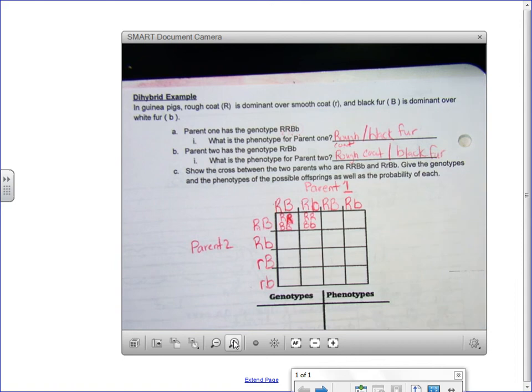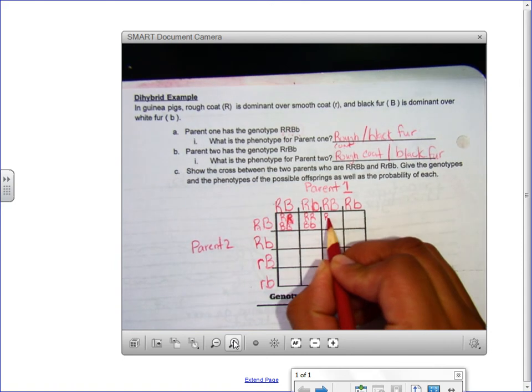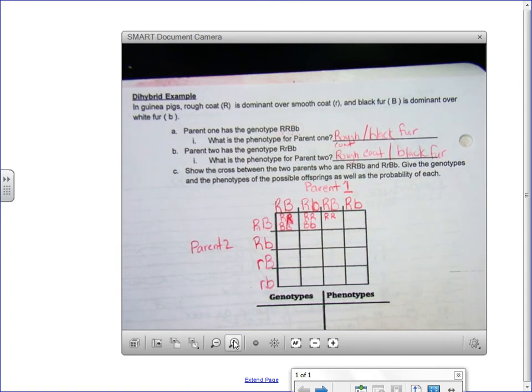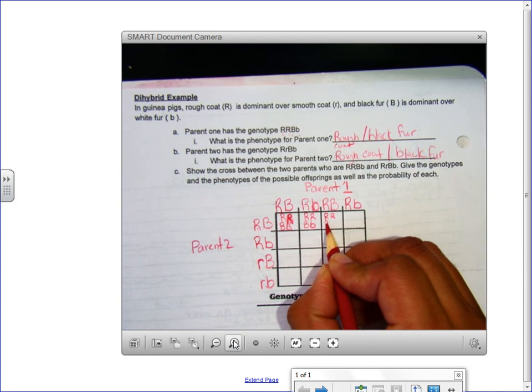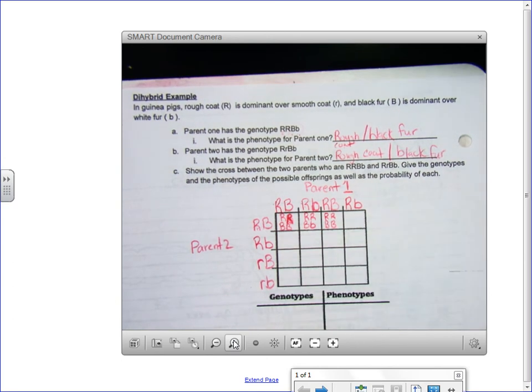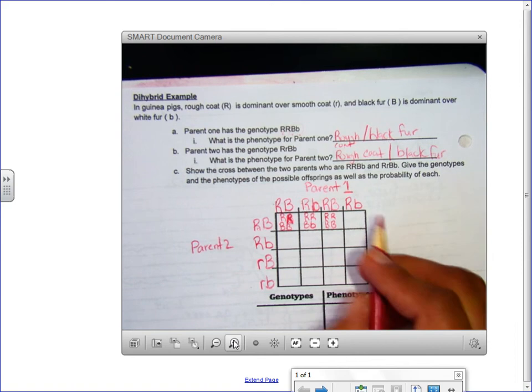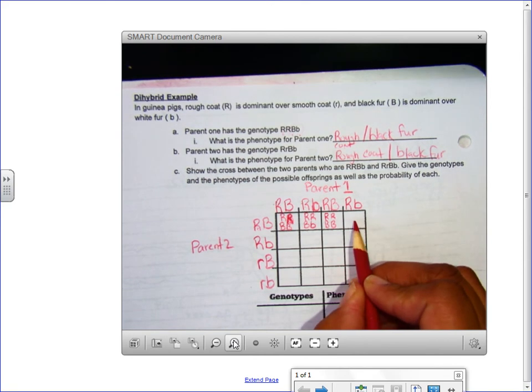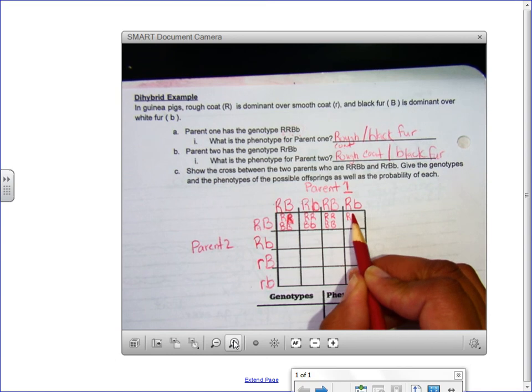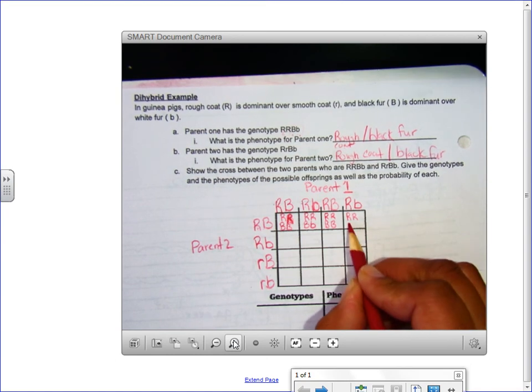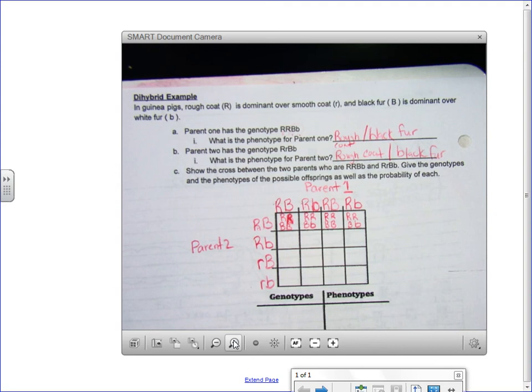Capital R, then capital B, which is dominant B, dominant B. A fourth possibility, Leon. Capital R, capital R. Capital B, lowercase b.